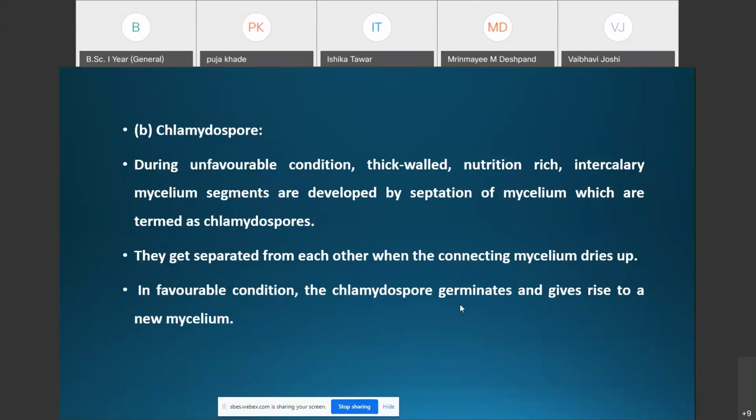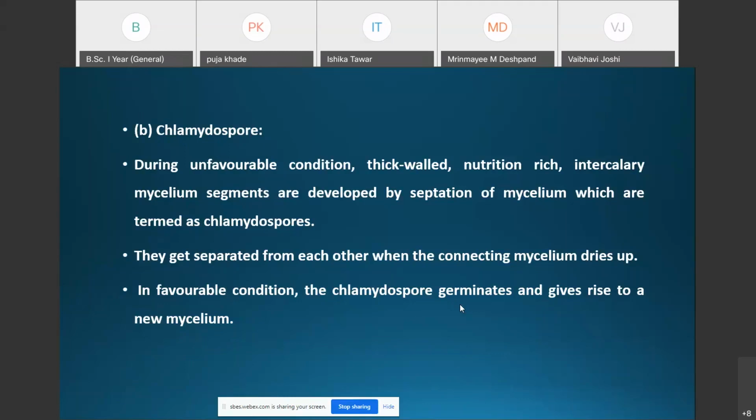Whenever the conditions are favorable, that means the temperature is optimum and a sufficient amount of moisture is available, then the chlamydospores will germinate and give rise to the new mycelium. Remember that chlamydospore formation takes place during unfavorable conditions.